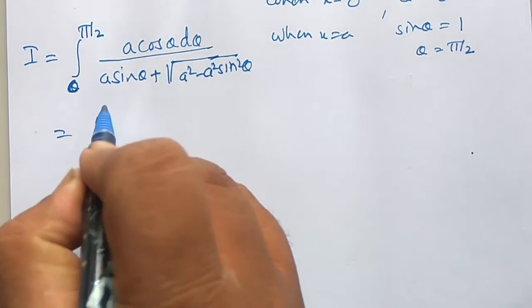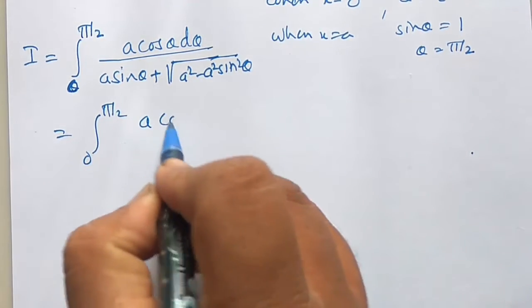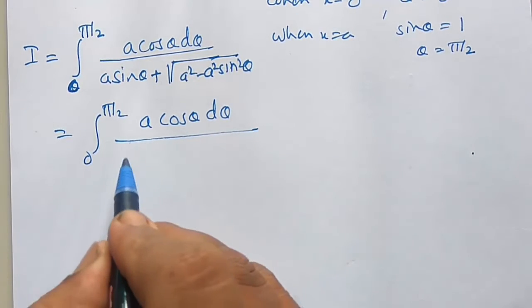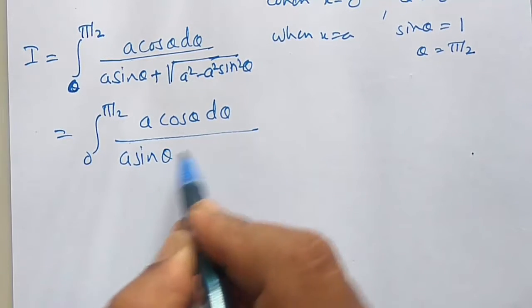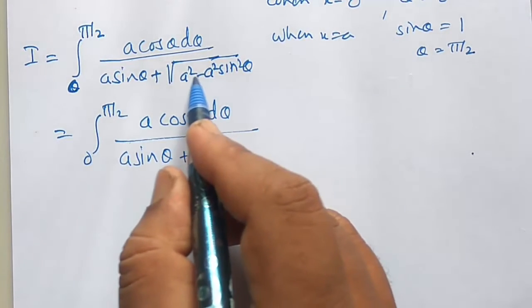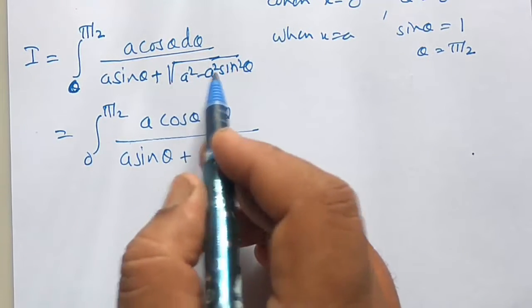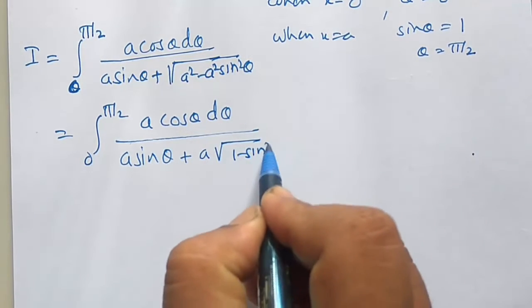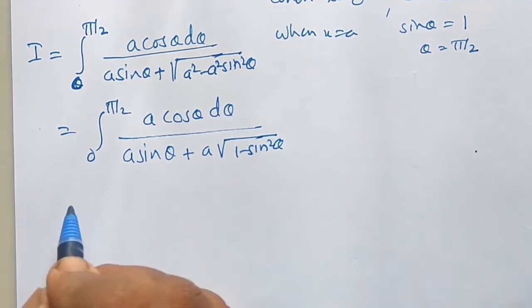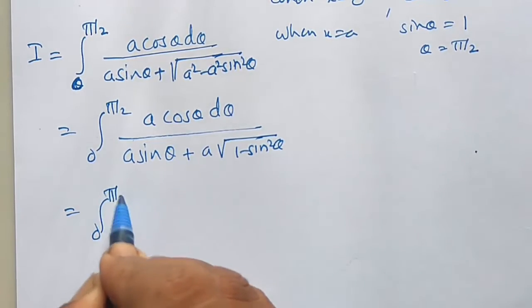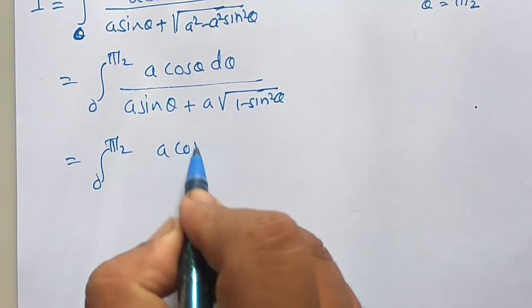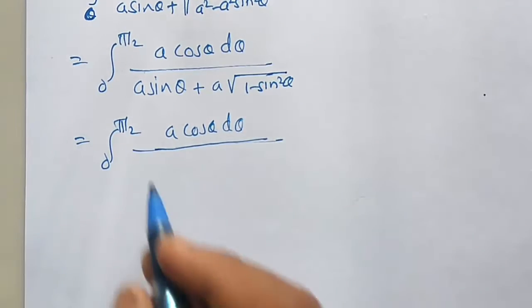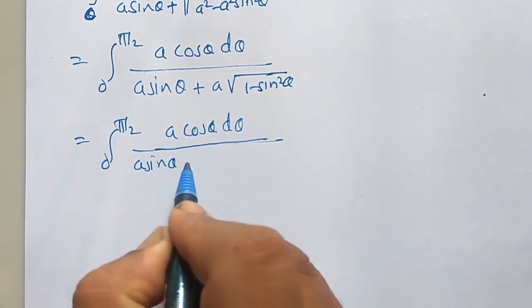is equal to integration 0 to pi by 2 a cos theta d theta divided by a sin theta plus, we can take a square common out of the radical sign, it becomes a under root of 1 minus sin square theta.